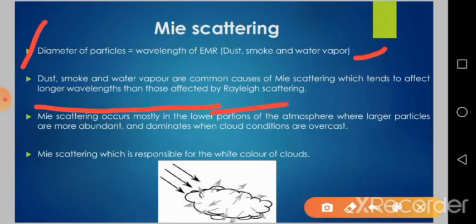So this is a very important fact. This Mie scattering occurs mostly in the lower portion of the atmosphere where the larger particles are more abundant.